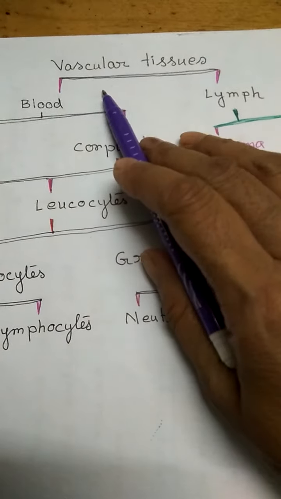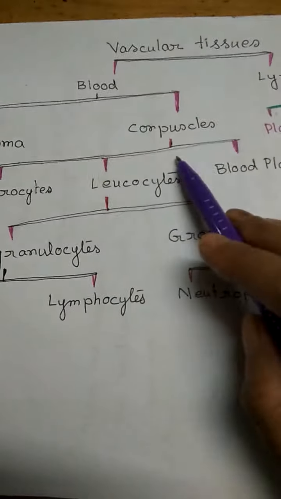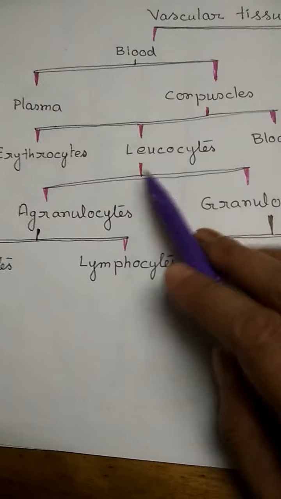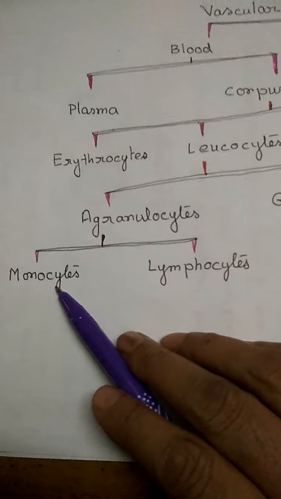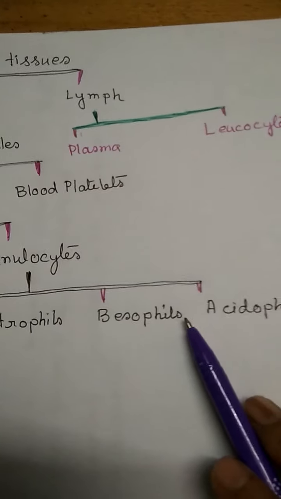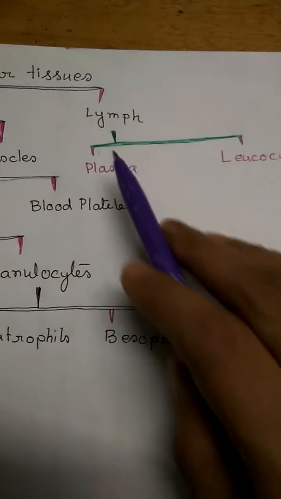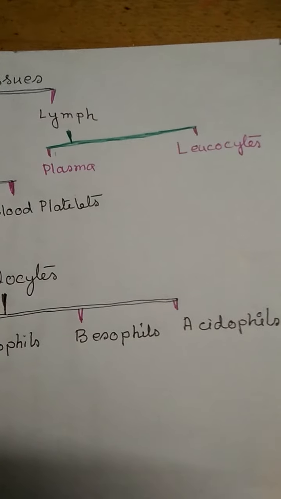So this vascular tissue: blood and lymph, then plasma and corpuscles, corpuscles again erythrocytes, leukocytes, blood platelets, leukocytes again agranulocytes and granulocytes, agranulocytes again monocytes and lymphocytes, and granulocytes neutrophils, basophils and acidophils, and lymph is again plasma and leukocytes.